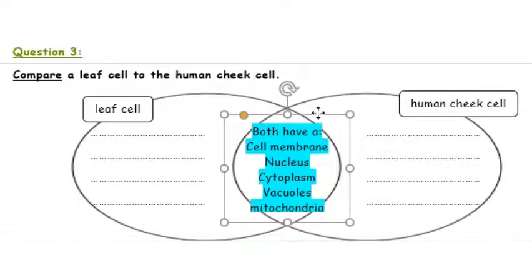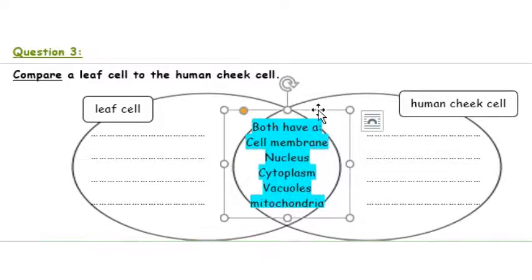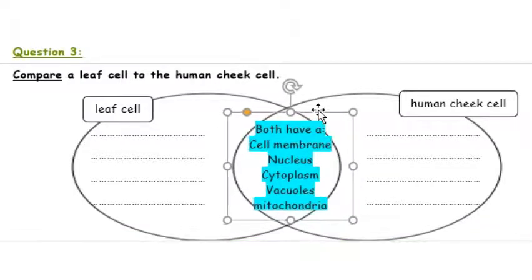So both the plant cell and the animal cell, the human cheek cell, have a cell membrane. They have a nucleus inside, a cytoplasm, vacuoles, and mitochondria.